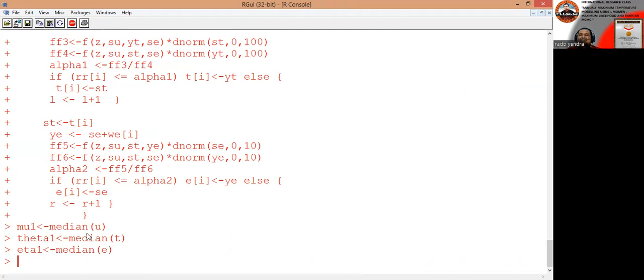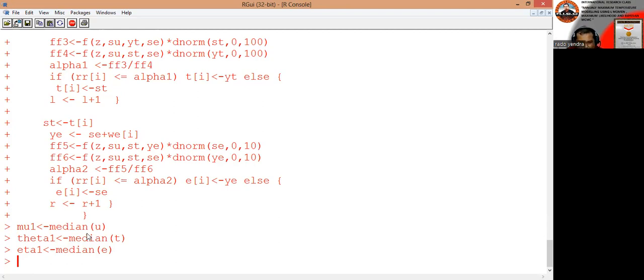Because like I said before, we use 30,000 burn-in. It means we must have 30,000 samples for the mu parameter, 30,000 for the theta parameter, and 30,000 for the eta parameter, because in the Bayesian MCMC we use 30,000 burn-in iterations.